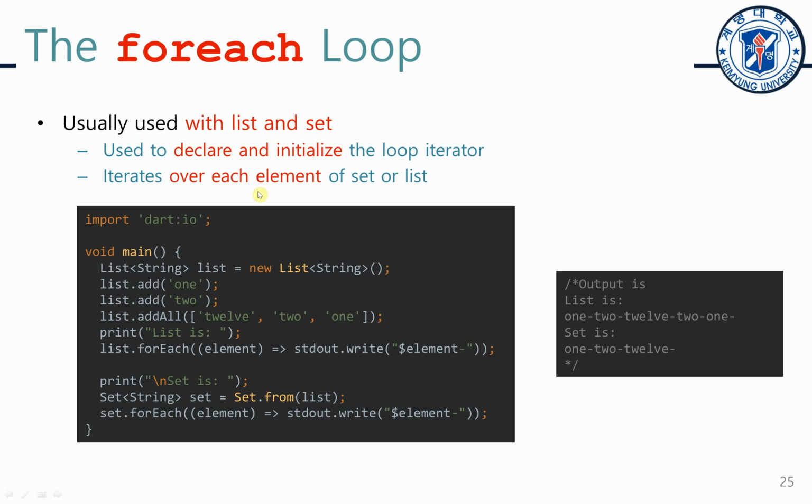So for instance, suppose you declare a new list and you add 1, 2 to the list, and then you use the addAll method to add 12, 2 and 1.